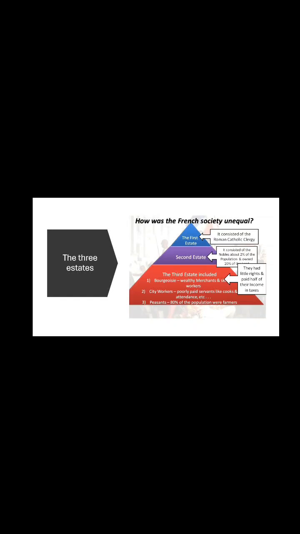At that time, the Catholic Church of England and many other parts were a little bit different. The second estate included nobles such as the Marquis de Saint-Evremond and many others like the dukes and other social classes. And then the third estate included common people, or everybody else: lawyers, doctors, farmers, the poor, everybody.